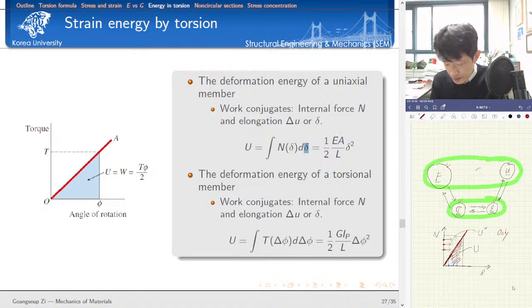They are the same quantity. U is equal to U star, only in linear elasticity. Let me check if everything is right. Yeah, linear elasticity. Otherwise, it's not working.